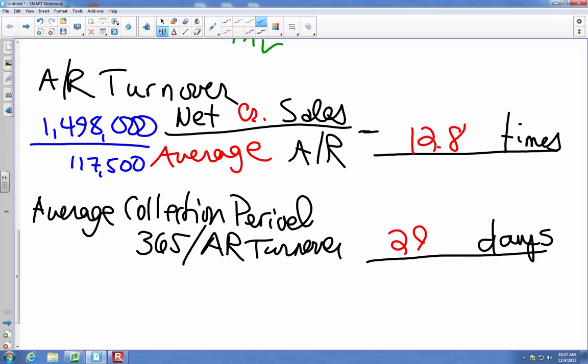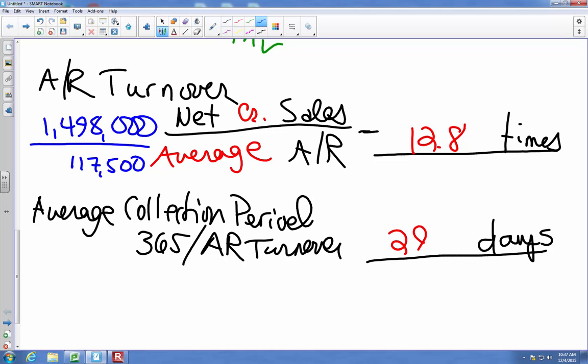What does that mean? My AR turned over 12.8 times. Yeah? So what does that mean? Yeah, that cycle that I just showed you up top, that happened 12.8 times.